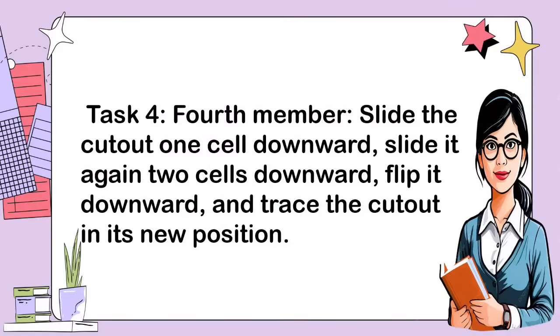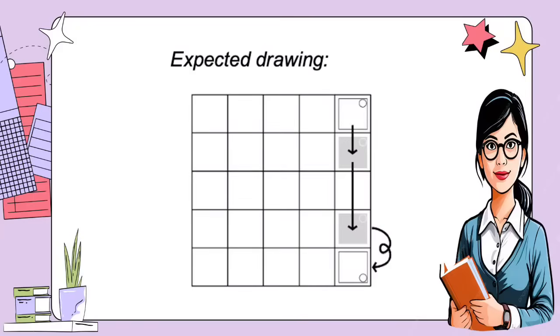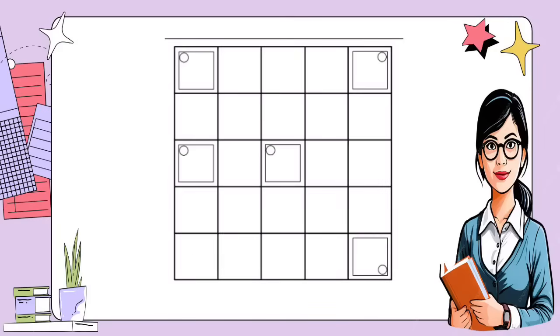And for the fourth member, slide the cutout 1 cell downward. Slide it again 2 cells downward, flip it downward, and trace the cutout in its new position. At the end of all tasks, the final drawings should look like this.